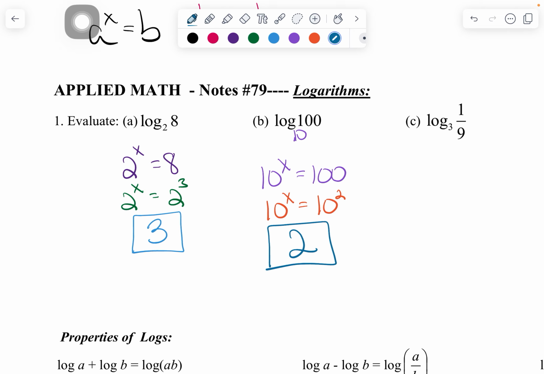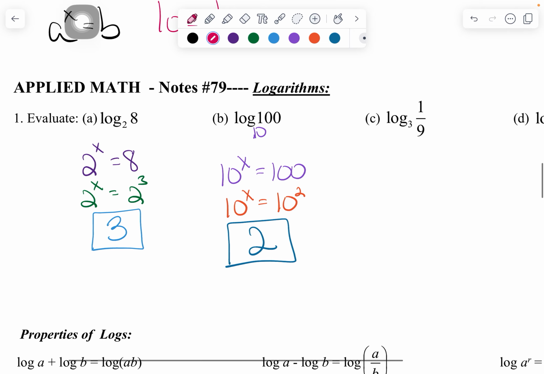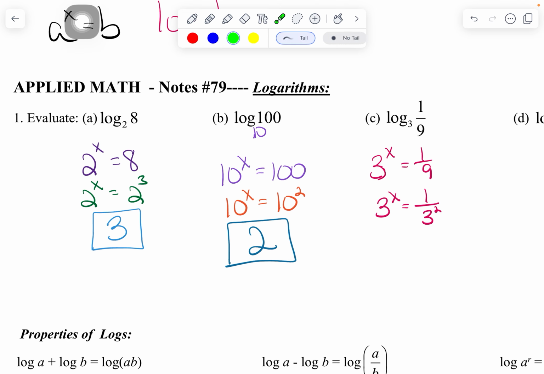All right, keeping on going, we're going to head into question number 1, part C here, which is log base 3 of 1/9. So I'm going to do the same thing I've been doing: 3 to some power is equal to 1/9. Now, this one's a little bit weird because of the fraction issue. So let's do 3 to the x is equal to 1 over 3 squared, right? 9 is 3 squared. But the problem is that while I've got the same base, it's in the denominator.